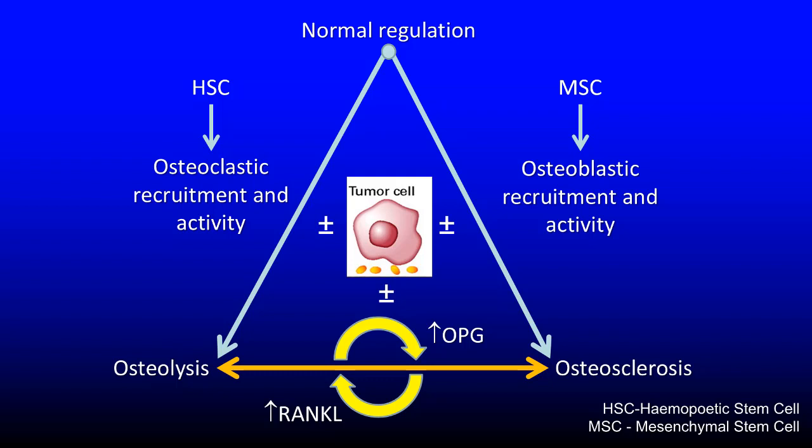The first thing you may need to remember is that this thing here called OPG pushes the process towards osteosclerosis, and RANK ligand pushes it towards osteolysis, which is why you use denosumab, which is an anti-osteoclastic agent, to push this process into that process when patients have lytic bone disease, and it's licensed for that use.